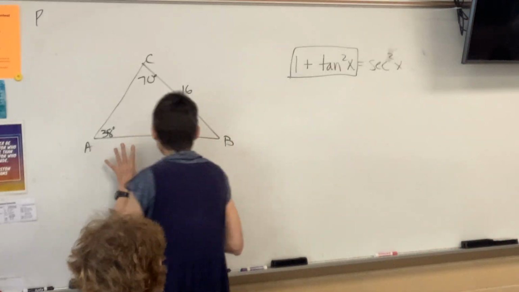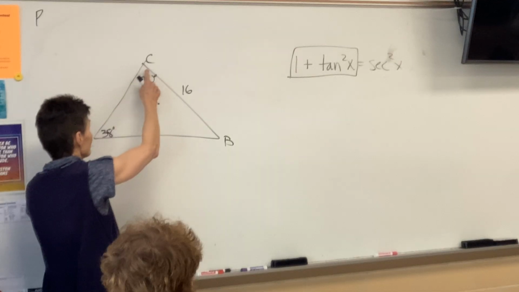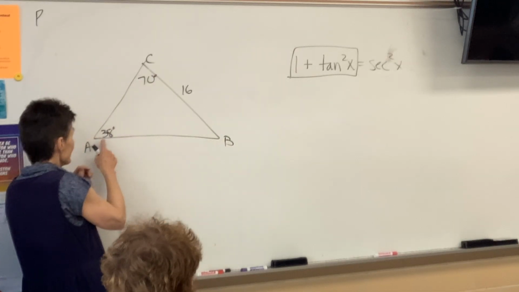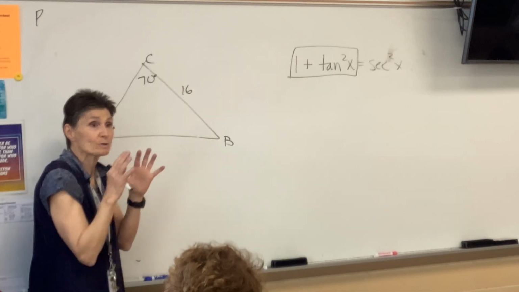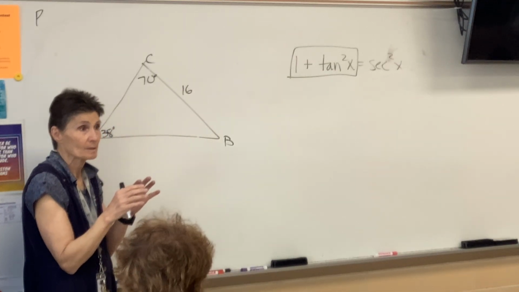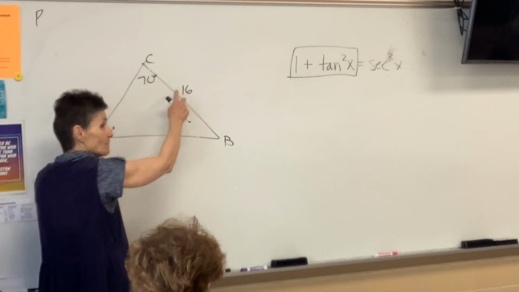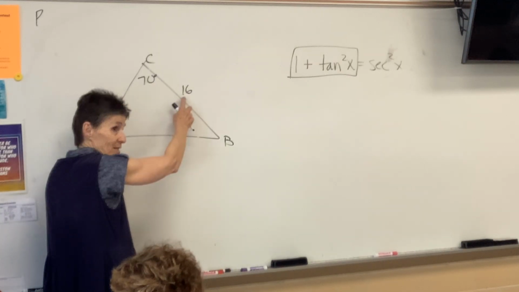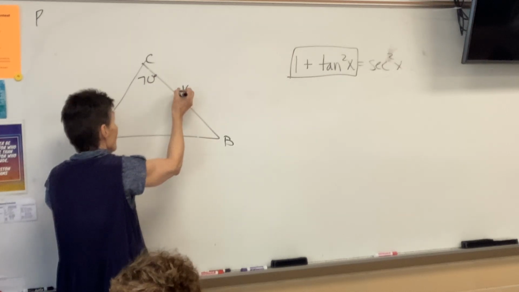When we label a triangle, we use capital letters for the angles. So this is angle A, this is angle B, this is angle C, and I use capital letters. The sides across from the letters, we call it the opposite side, across from the angles, those are small letters.